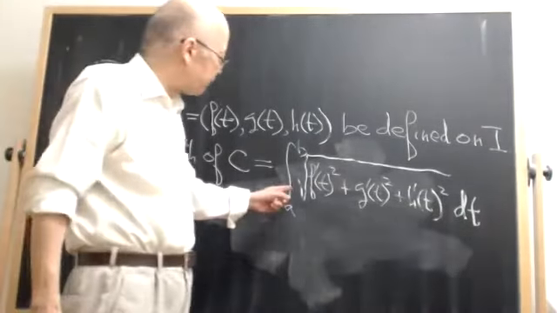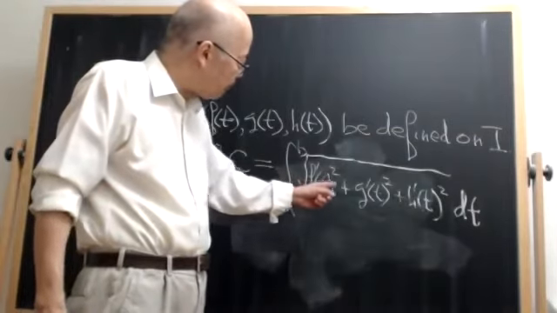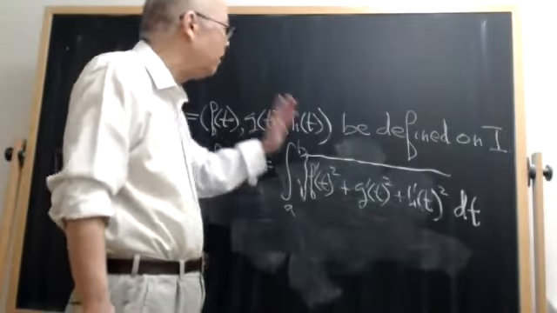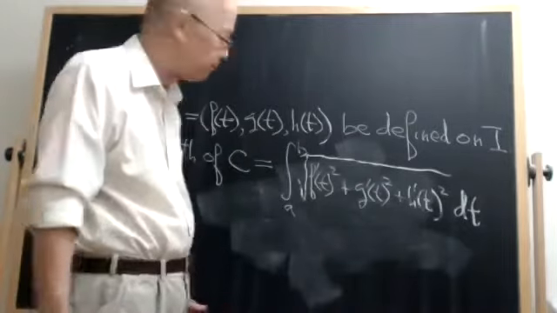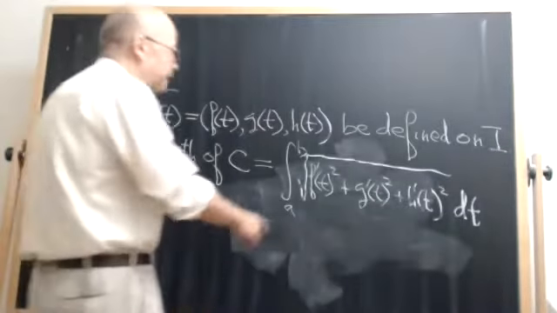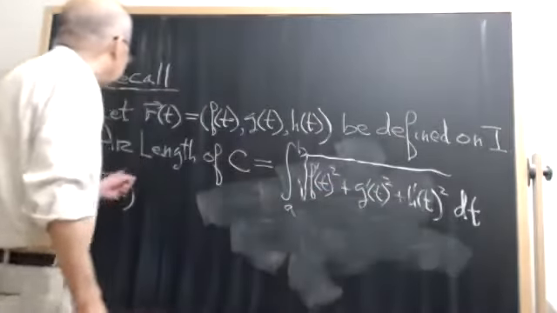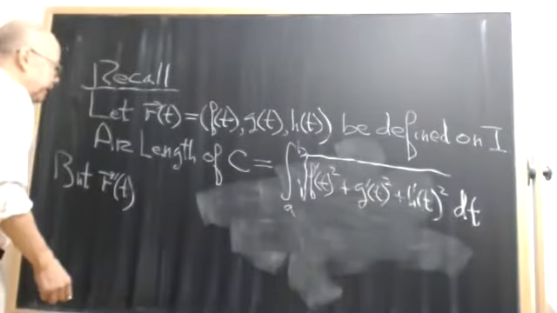And then you have the square root of the sum of the squares of the derivatives of the components. And that's actually the length of r prime t.